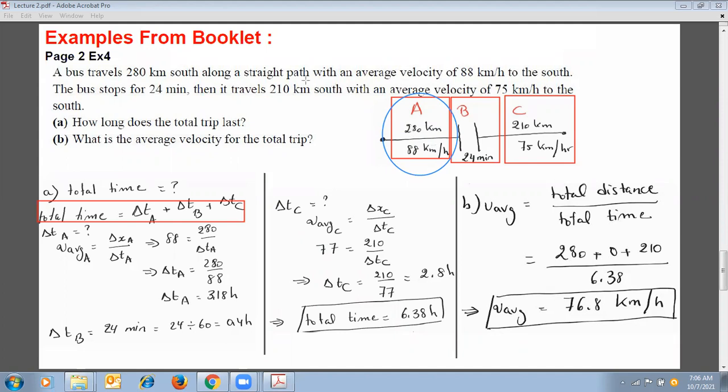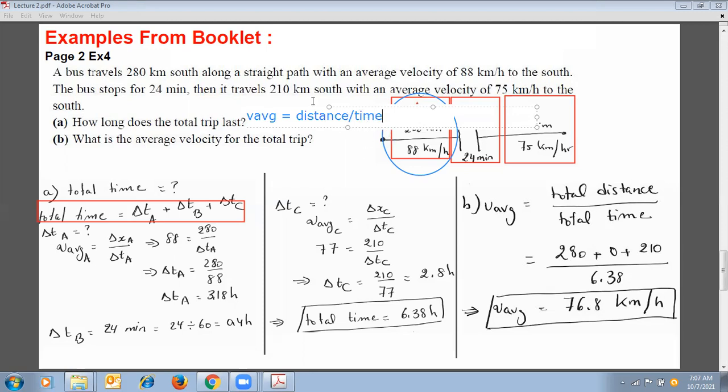I have to remind myself that V average equals total distance over time.